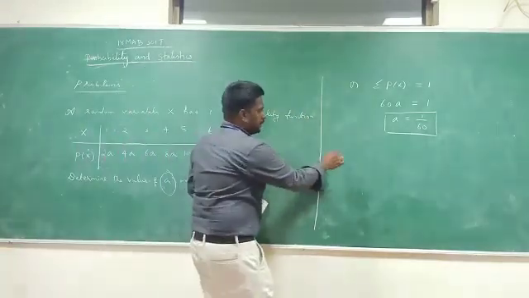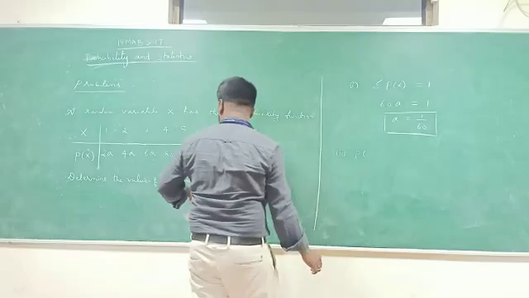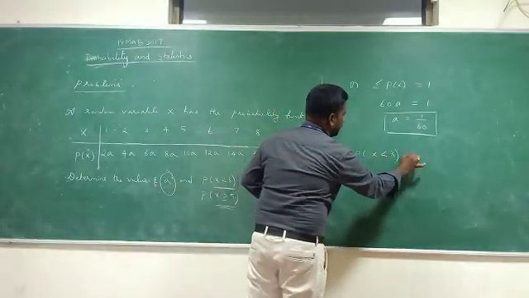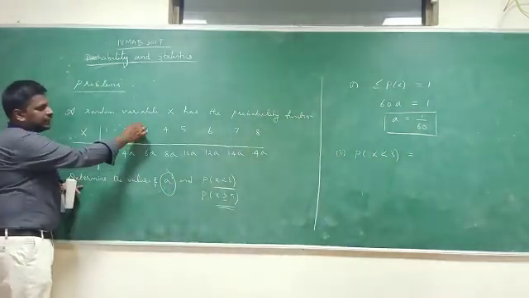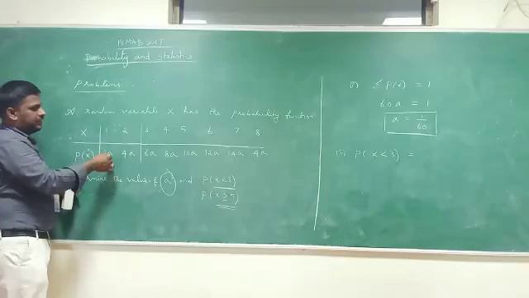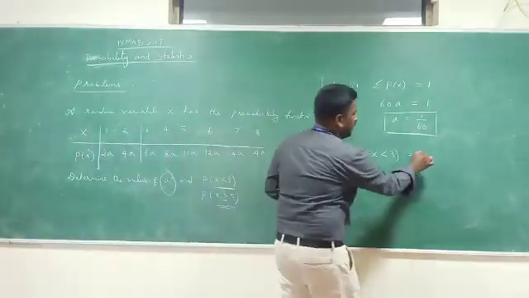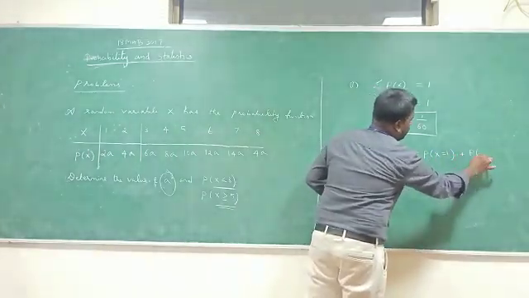In the next case, you have to find out the probability of x less than 3. Here we have the table. X less than 3 means you will get only these two values: probability of x equal to 1 and probability of x equal to 2.